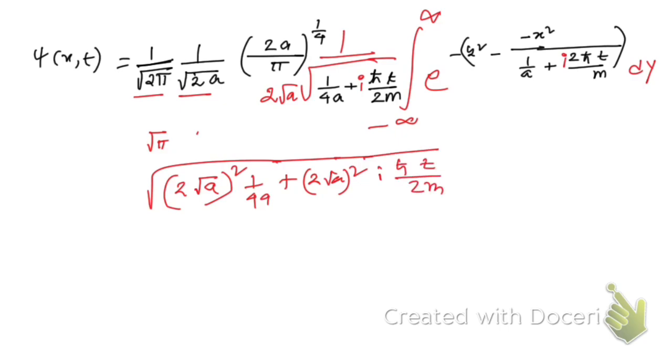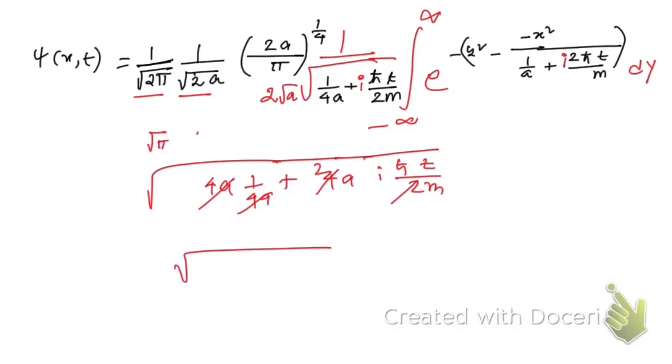And on squaring, this one is gonna be equal to 4a. So here 4a cancels, and here 2 cancels 4 gives 2, and so this will be 1 plus i 2h cut t by m, and one more thing, a would be there, 2h cut a t. That's what we're gonna have. So let us consider this term to be gamma.